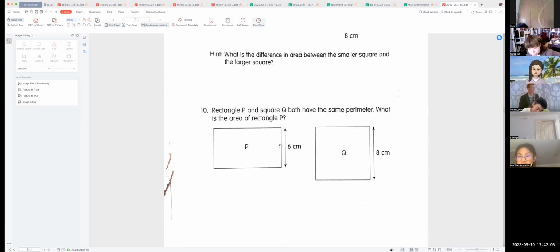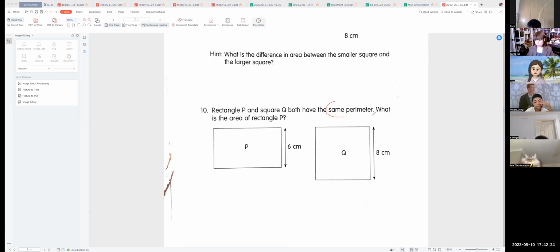有没有做完的？A 版举个小手。Okay, a rectangle, P and Q both have same perimeter.